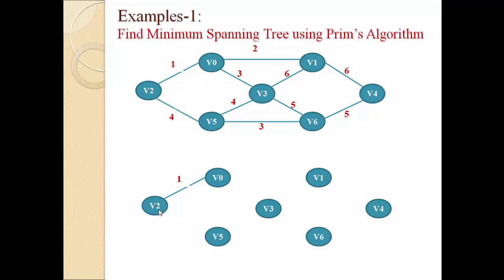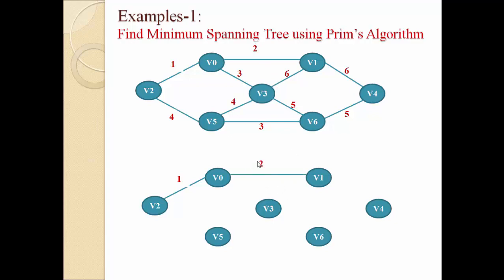V2 is connected directly with V5 only, and V0 which has already been selected. So we have a choice, V2 to V5 which has a cost 4. Among all these choices, the first has 2, the second has 3, and the third has a cost 4. So 2 is the minimum cost, and we can choose the edge V0 to V1 which has a cost 2.